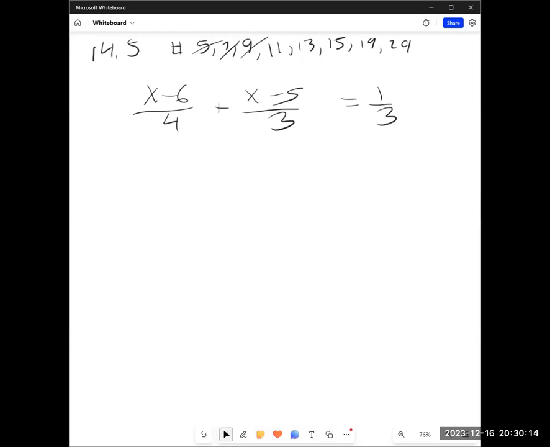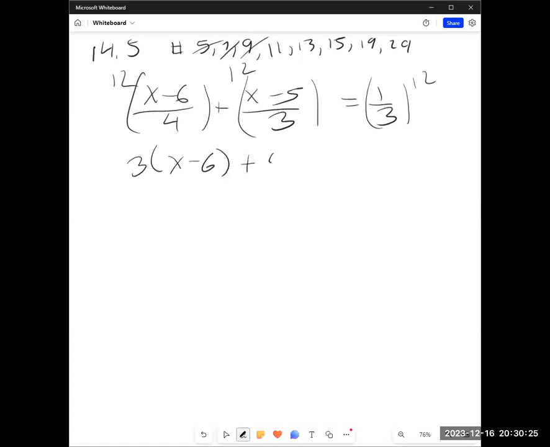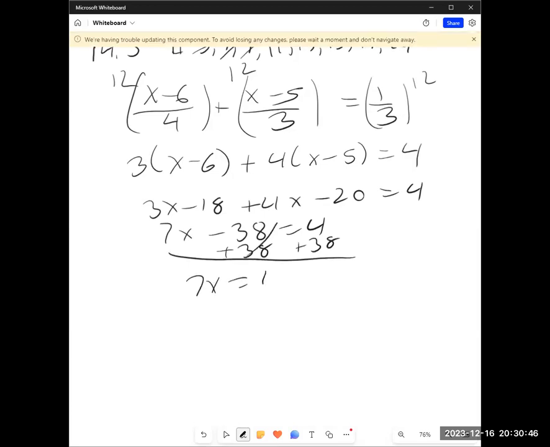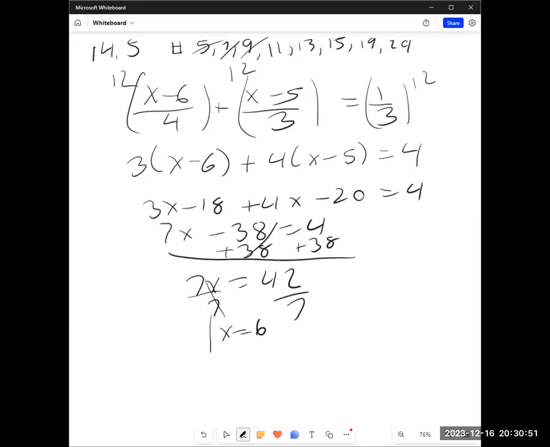I'm going to clear my fractions by multiplying by the LCD, which is going to be 12. 3 times x minus 6 plus 4 times x minus 5 equals 4. 3x minus 18 plus 4x minus 20 equals 4. 7x minus 38 is equal to 4. 7x is equal to 42. x is equal to 6.